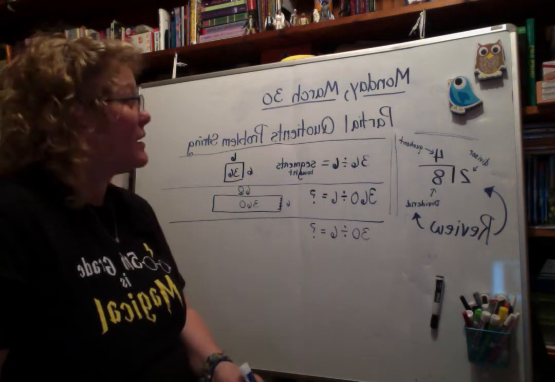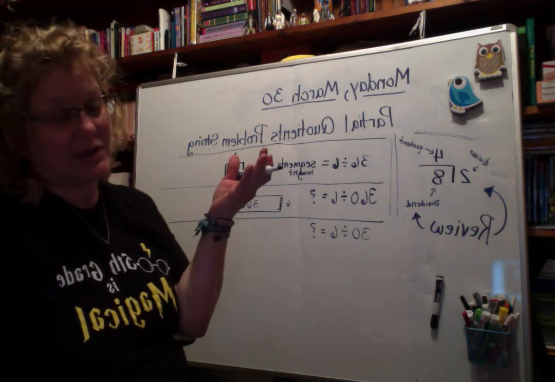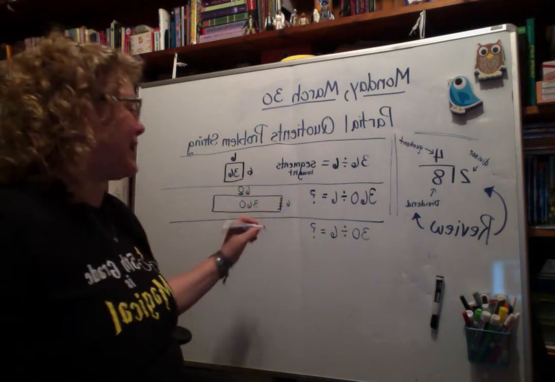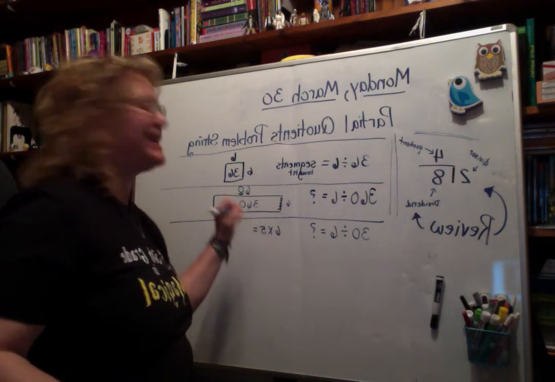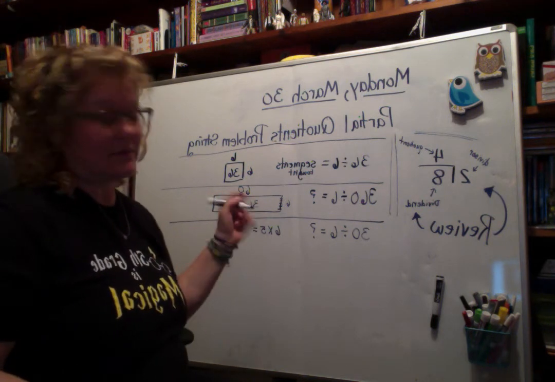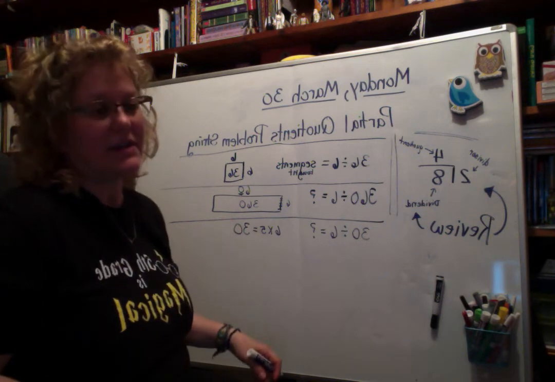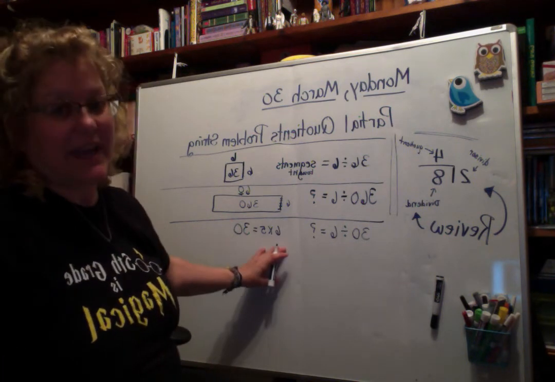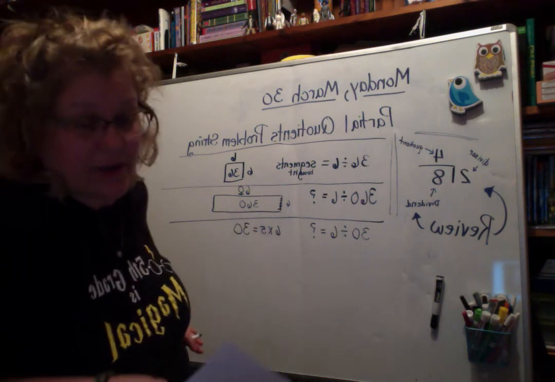Well, sometimes it's easy to do division by figuring out numbers that you can multiply. I know in my head that if I take 6 times 5, that equals how many, right? Pretty easy stuff. So that's called using multiplication to solve a division problem, which is another strategy that you can use.